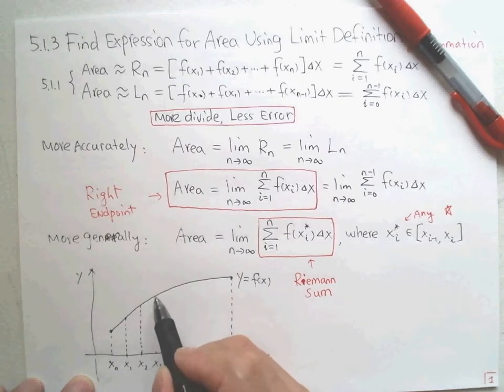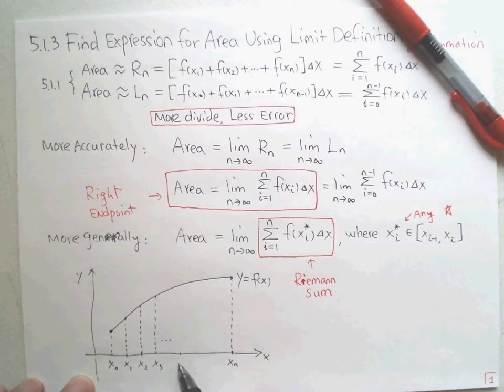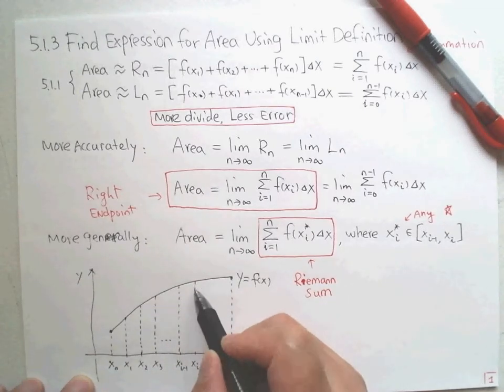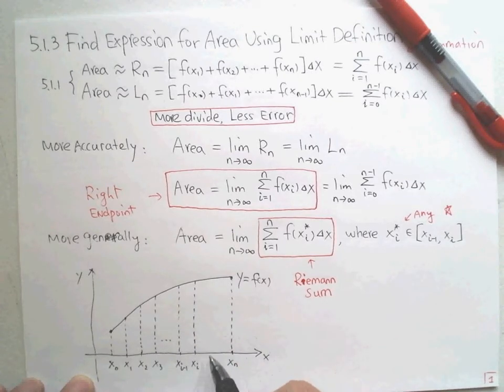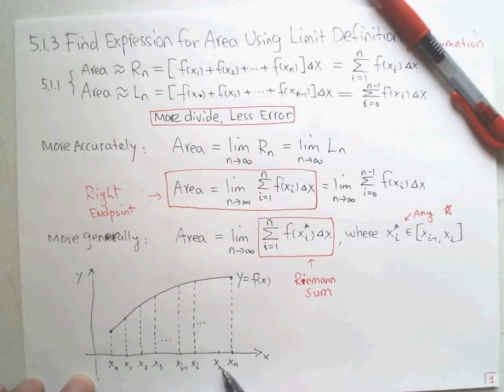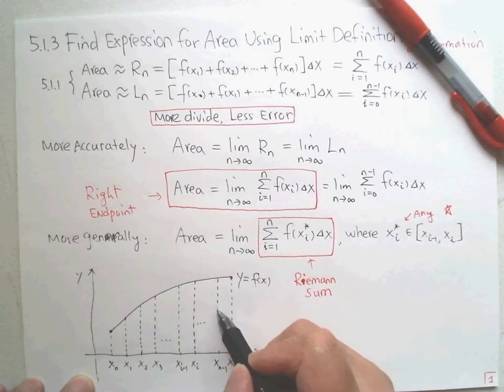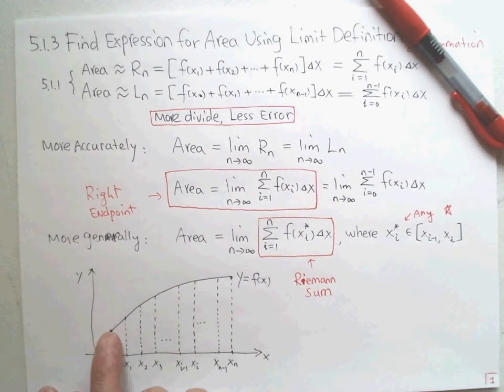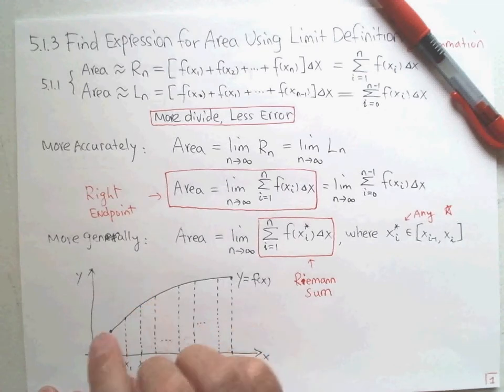I ignore the rest, and then we go to xi minus 1 and xi, like this: xi minus 1, and this is xi. If I ignore and go to the last second, xi minus 1, these are all the dividing points, right? So this is even, and if we take the left point, we call it the left endpoint approximation.